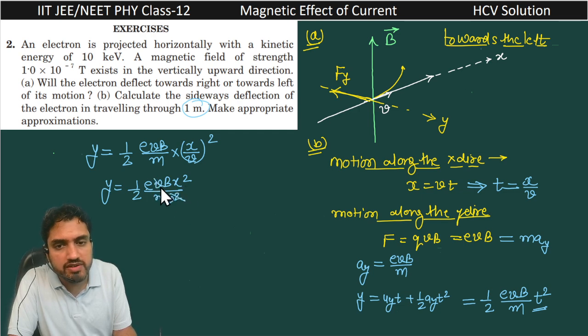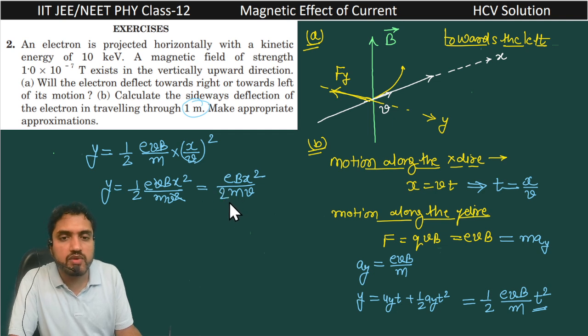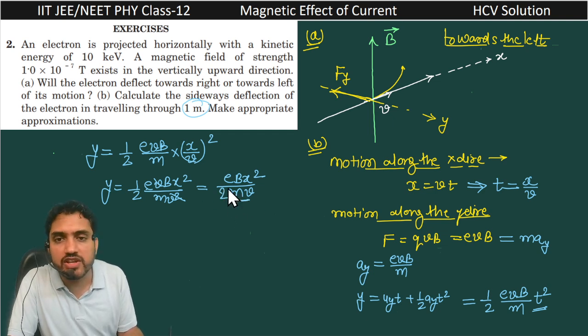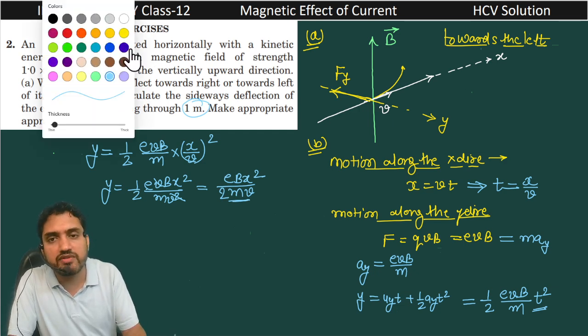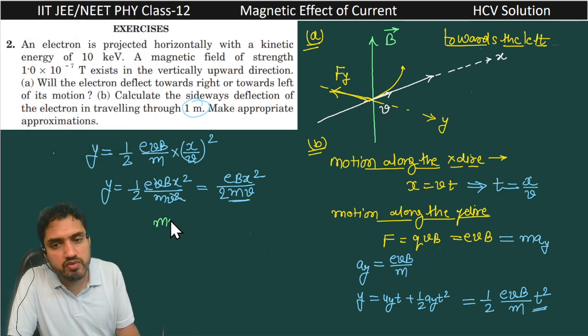One v will cancel out and we get e b x square divided by 2 m v. Now this m v is not given in the question. Actually energy is given, so you can convert m v, that is the momentum, in terms of energy. So m v can be written as root 2 m K.